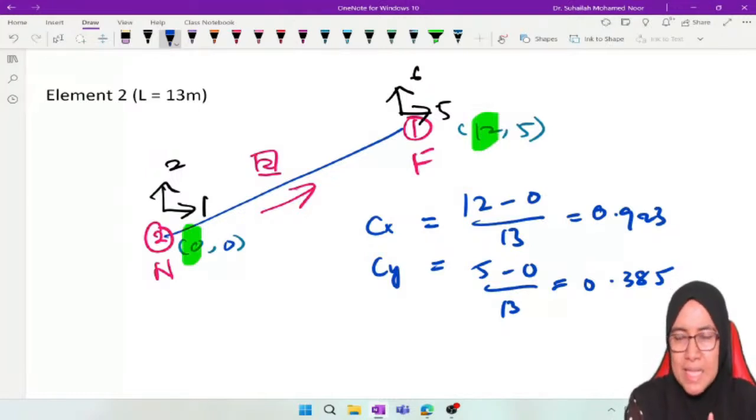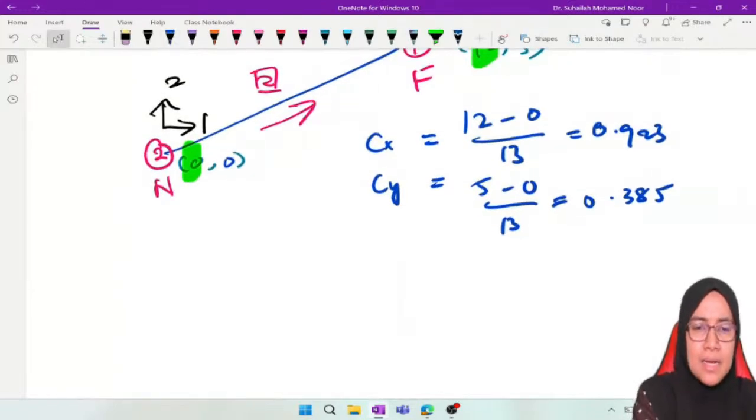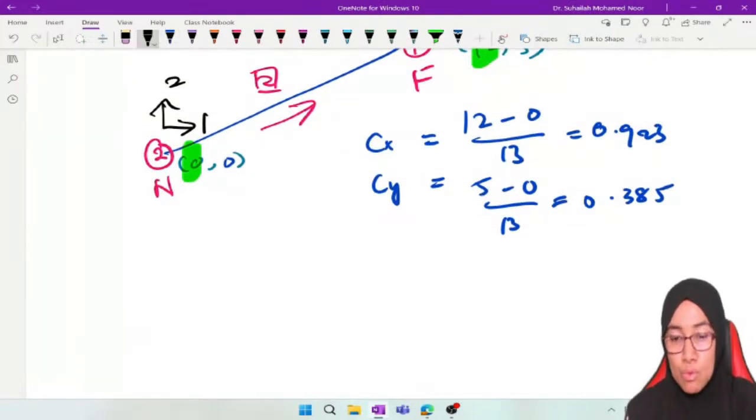That is why I said just now, when the element is horizontal or when the element is vertical, we will get 0 values in the matrix. But when the member is an inclined member like this, we don't have 0 values in the matrix. All values are not 0. Okay, so please calculate now for K2.